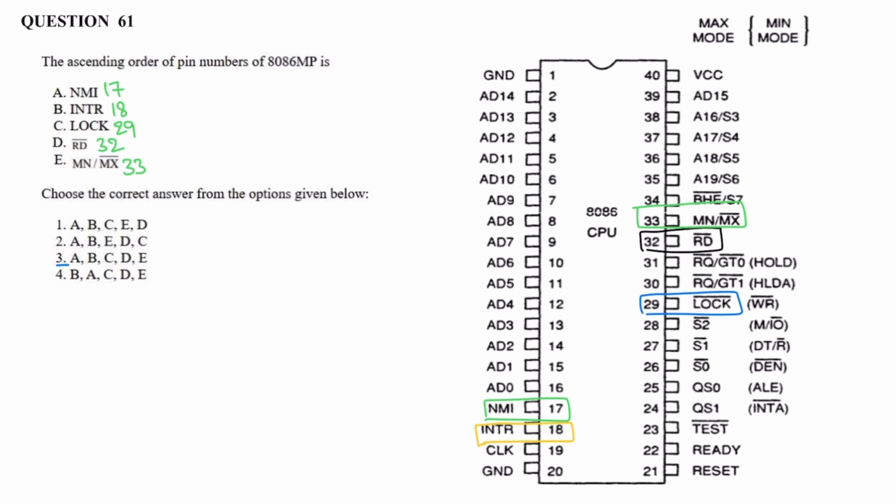They have asked for the ascending order, therefore the correct answer is A, B, C, D, E. Option 3.